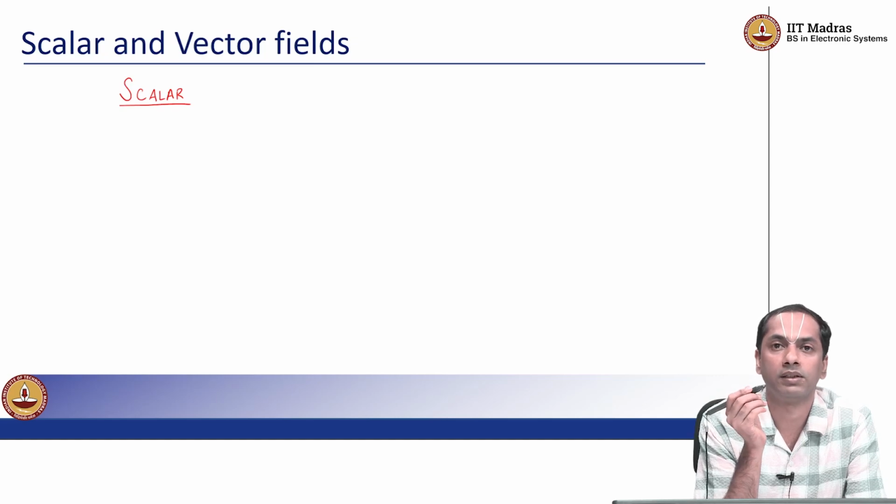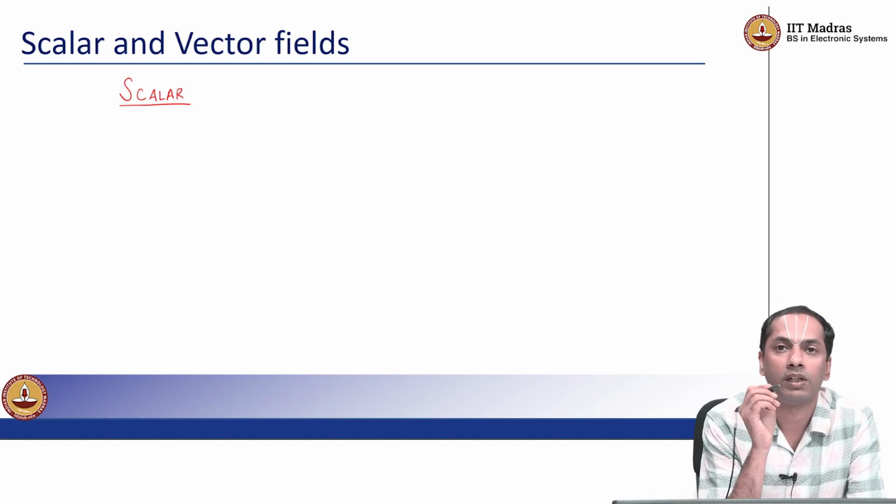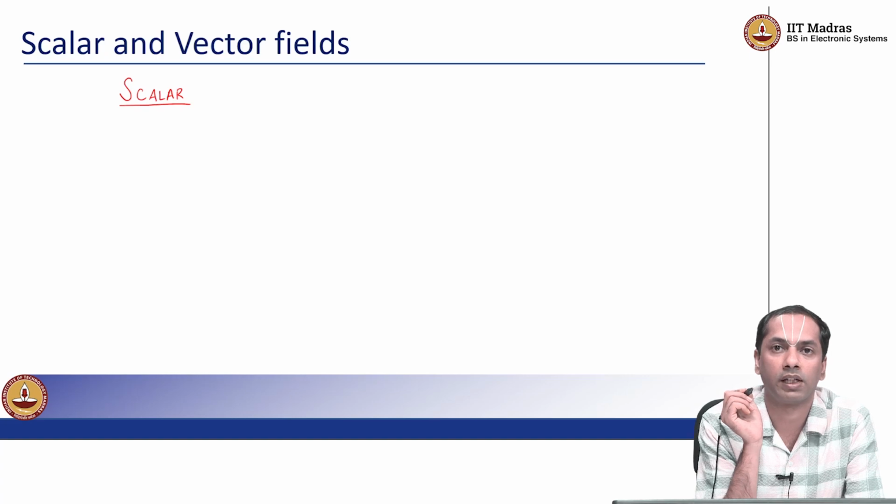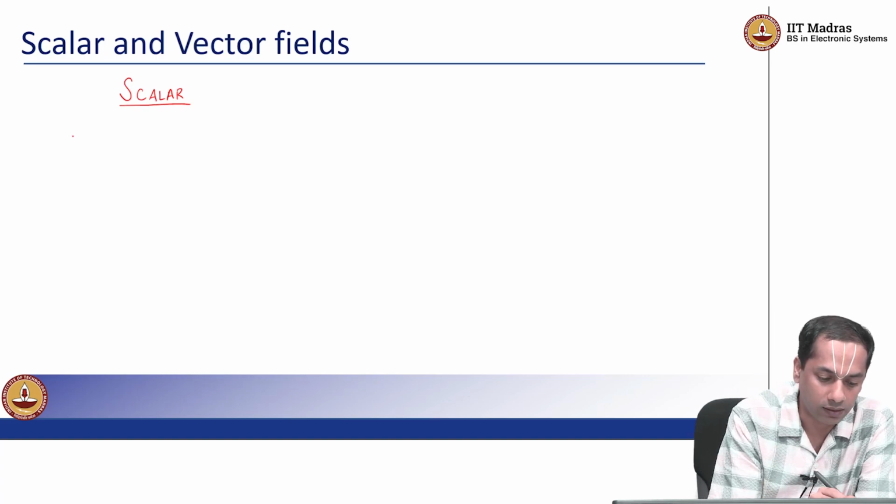So scalar fields essentially, you can think of every position in space, x comma y comma z. I can associate a particular scalar value, that is a singular number, to every location in space. This is a scalar field. One example can be the temperature map.